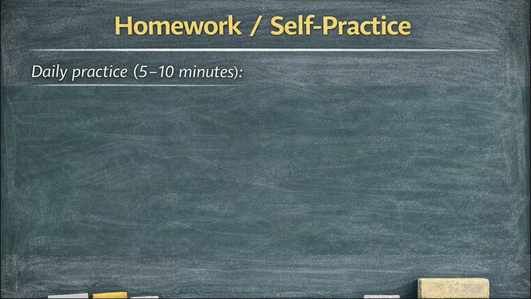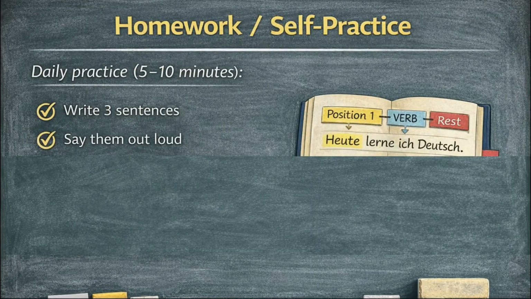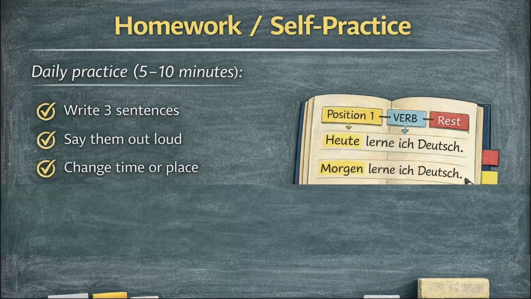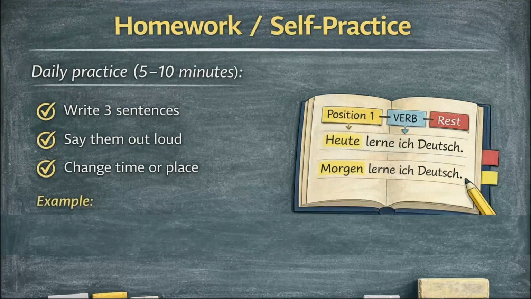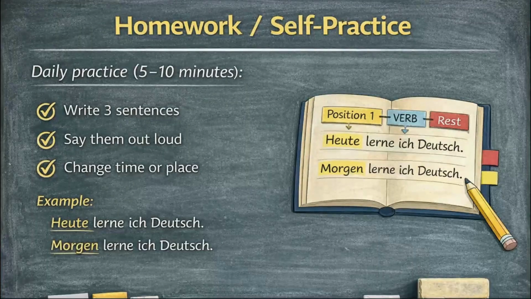Homework. You can do daily practice by writing 3 sentences, saying them out loud. You can change the time or place or the subject. For example, heute lerne ich Deutsch. Morgen lerne ich Deutsch. In that case, you have changed the time. You can also change the subject.